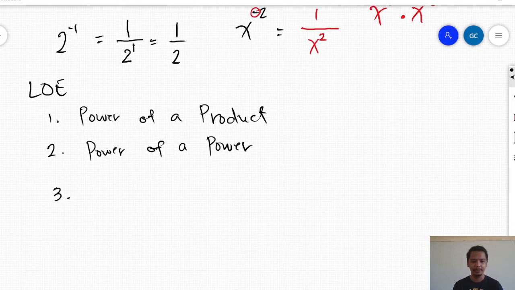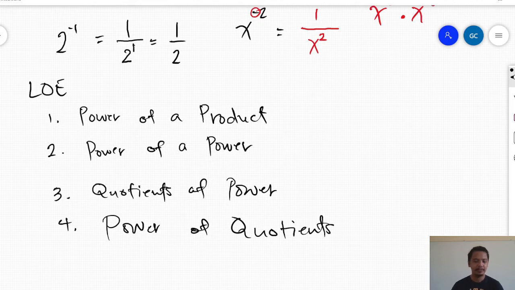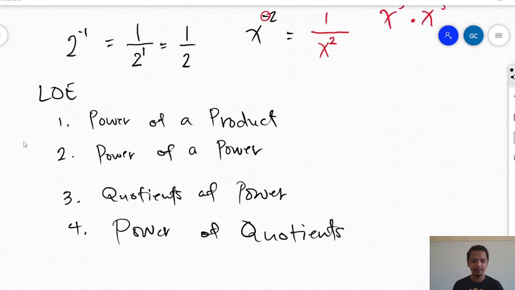Quotient of powers pala. And lastly, we have the power of a quotient. So, iisa-isahin natin 'to. Hopefully hindi kayo ma-bore sa pag-iisa-isa nito. So, sisimulan natin, class, dun sa power of a product.